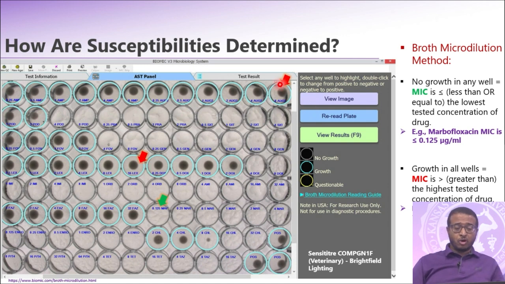Same thing here for Augmentin. We see there is growth at 8 micrograms per mL, which makes the MIC higher than 8.